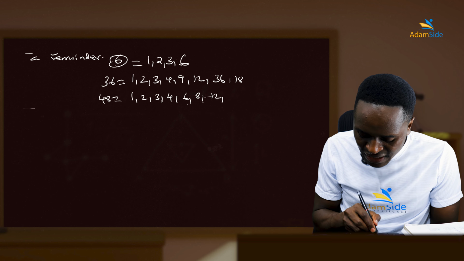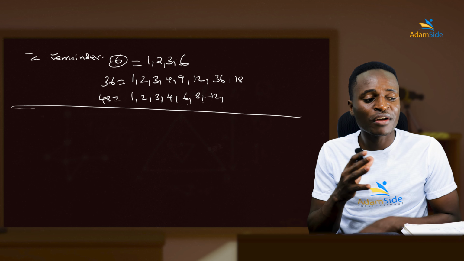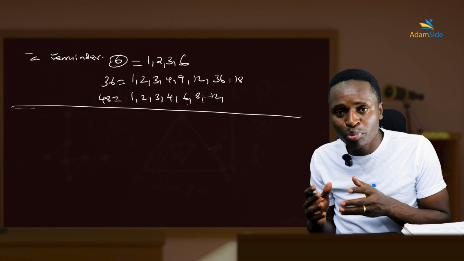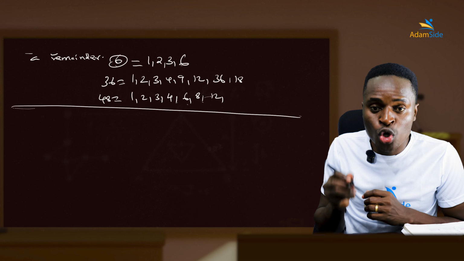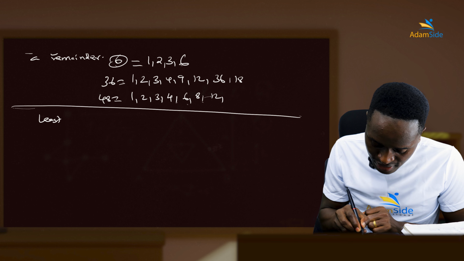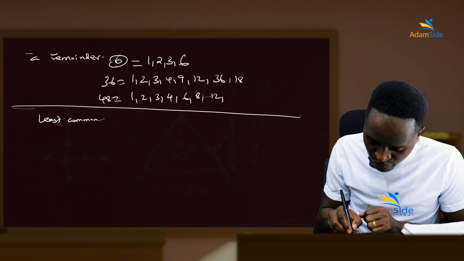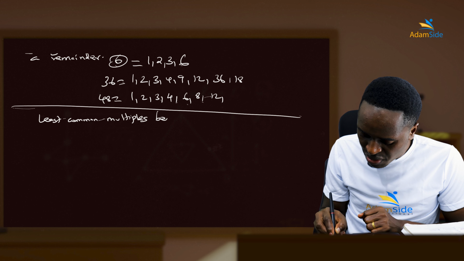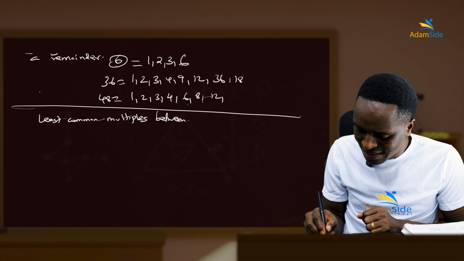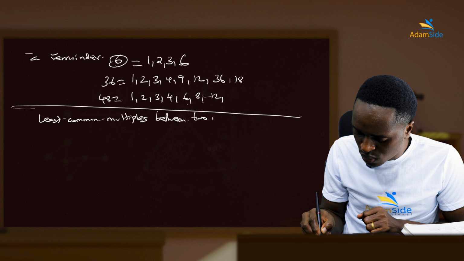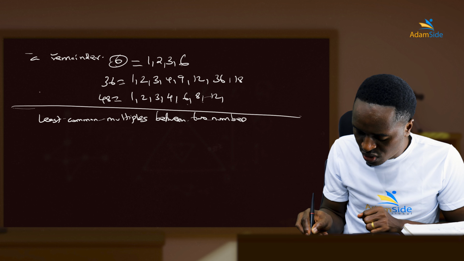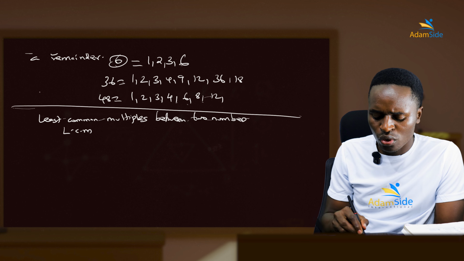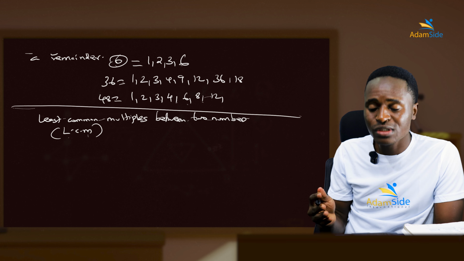But after understanding the idea of factors and multiples, you are expected to know the least common multiple between two numbers, LCM.